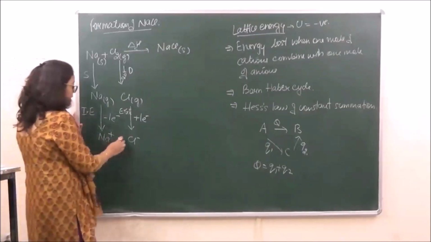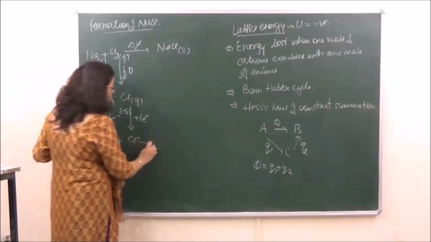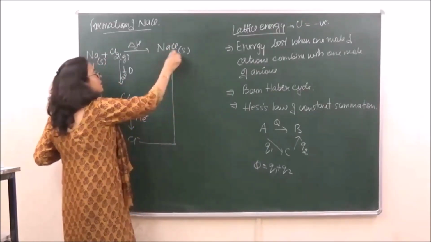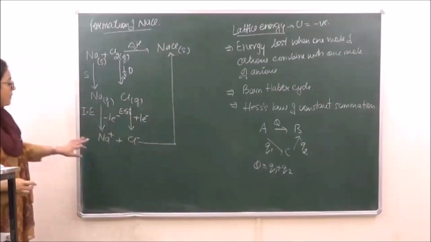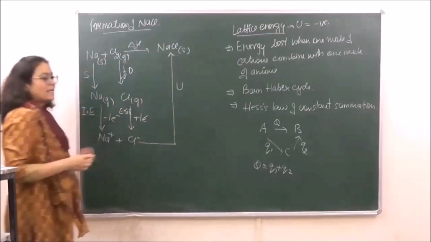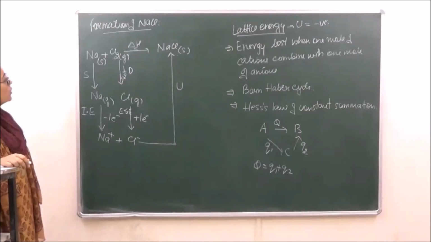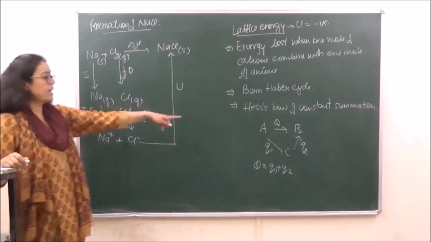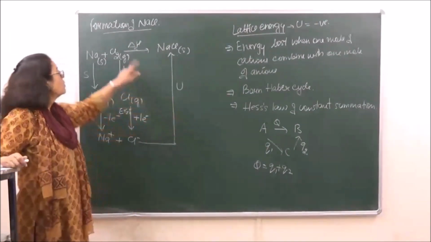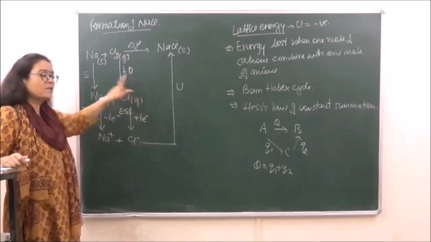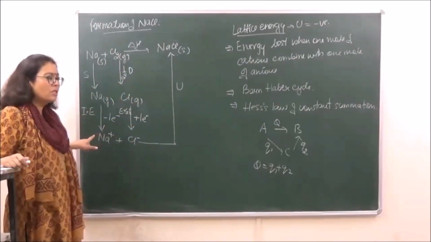Both these ions are going to combine together to give us NaCl, and the energy which is released over here is known as lattice energy. In order to calculate the lattice energy, we are going to use the Hess law of constant summation, which means that the total energy is the sum total of all the energies which are taking place in the process.